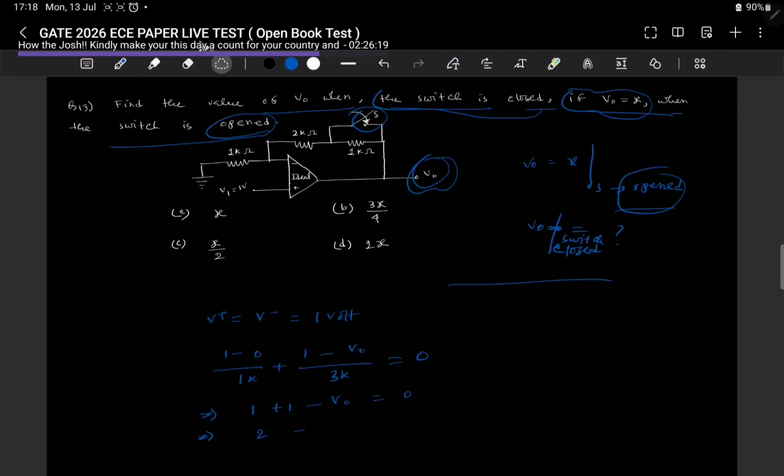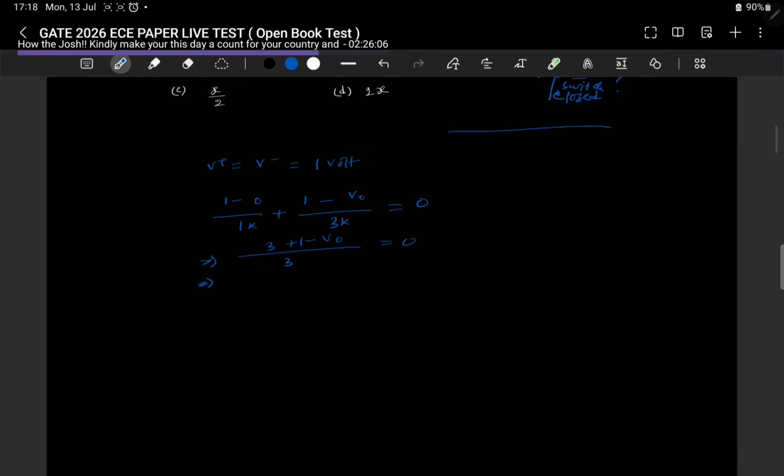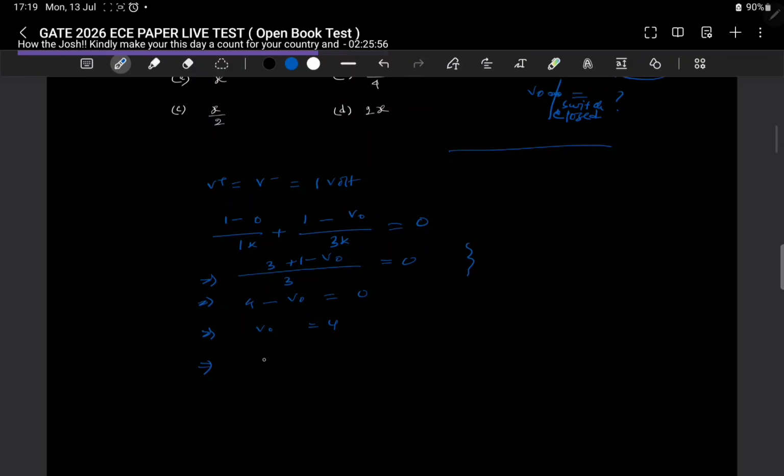Okay, sorry for the mistake. 3 plus 1 minus VO equal to 0. So here I have done one mistake. I have corrected it now. Now VO equal to 4. So we are told in this case VO will be X. So X equal to 4 volt.